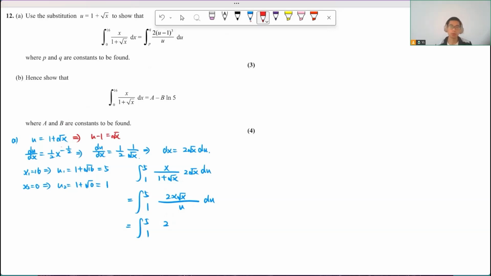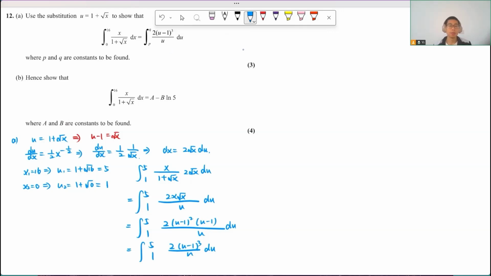So therefore, root x squared will give us x, so x has to be u minus 1 squared. And then root x itself is just u minus 1, over u du. So if we simplify that, that would be 2 times u minus 1 squared times u minus 1, which is just u minus 1 cubed over u du, which is the same form as what they want.